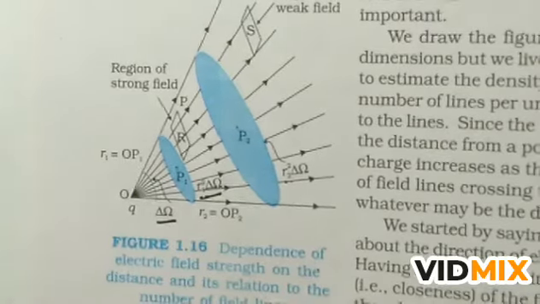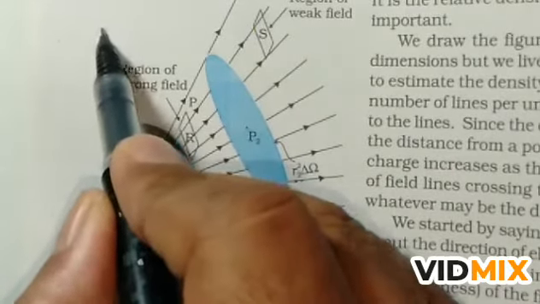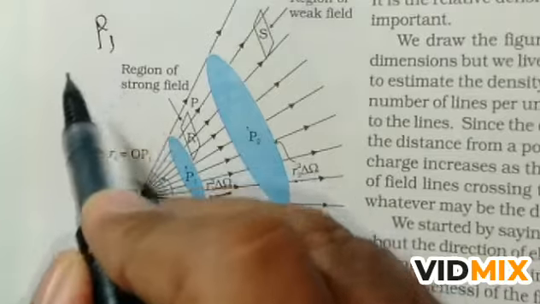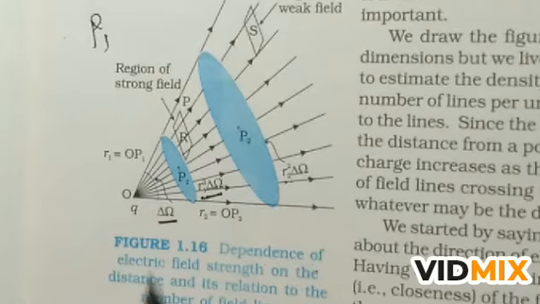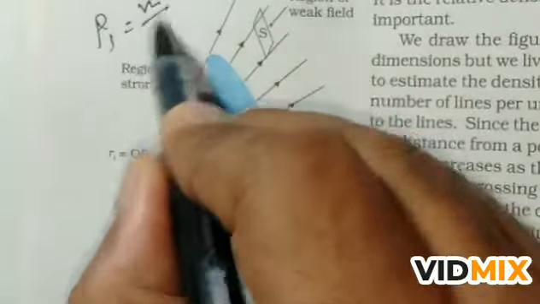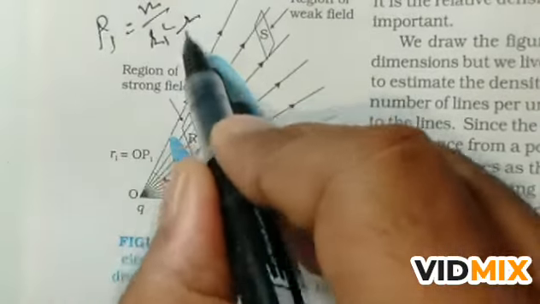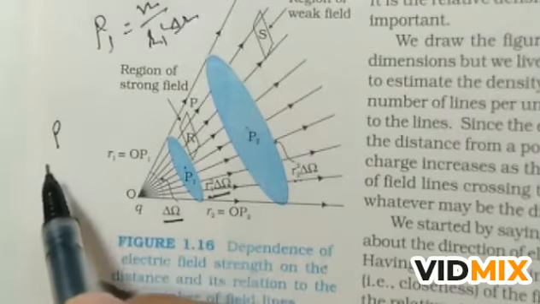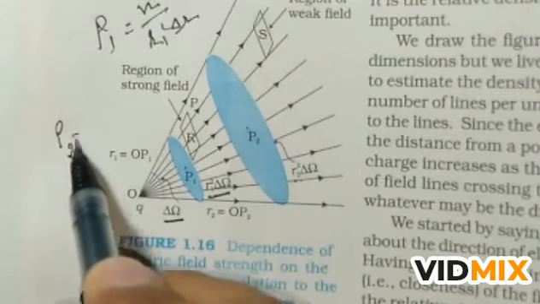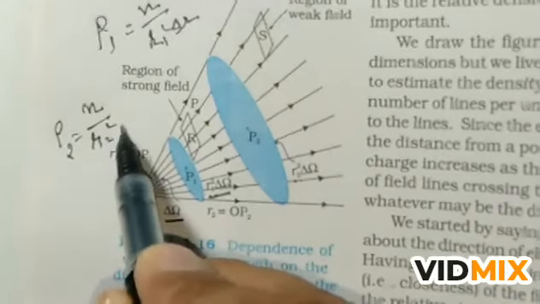So for P1 the number of lines per unit area is equal to N upon R1 square delta omega, and for P2 it is N upon R2 square delta omega.